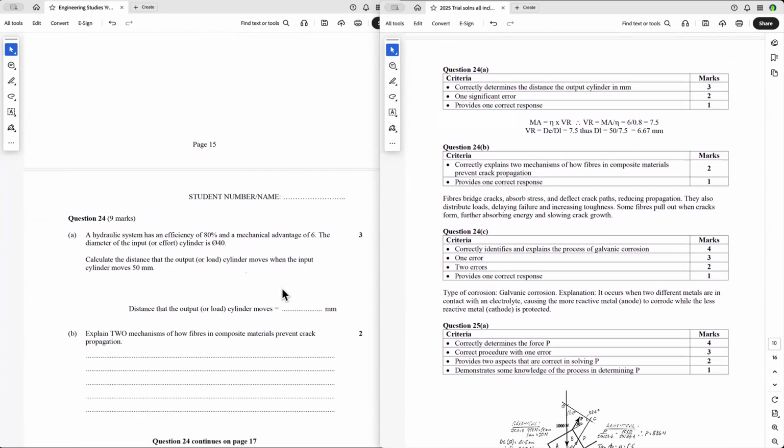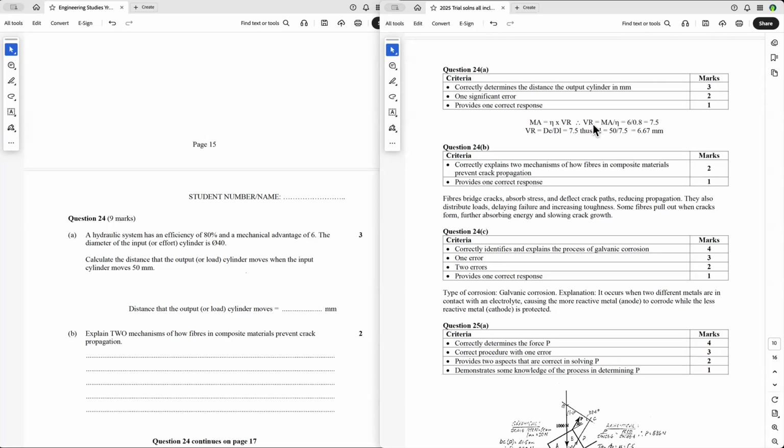Okay, a hydraulic system has an efficiency of 80% and a mechanical advantage of 6. The diameter of the input is 540. Calculate the distance the output or load cylinder moves when the input moves 50 millimeters. So the mechanical advantage, as you know, is efficiency times velocity ratio.